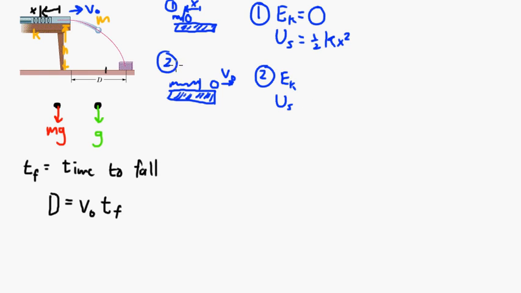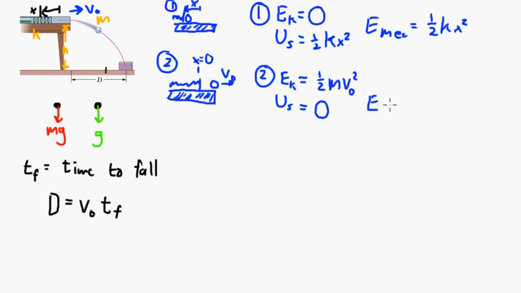Okay. Now in stage 2, it's got kinetic energy. It's going to have 1/2 mv0 squared, and it's going to have spring energy, but the spring is returned to rest, right? So the spring is now at x equals 0. It's back at its rest position, which means the spring has no potential energy. So at state 1, EMEC, total mechanical energy, is 1/2 k x squared.